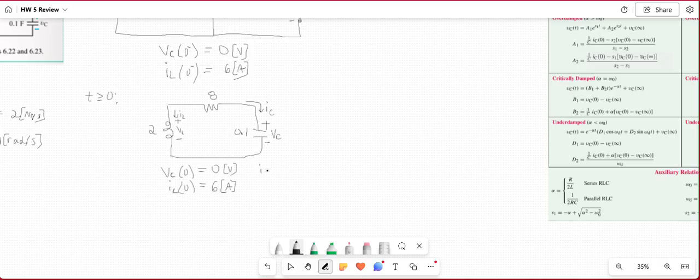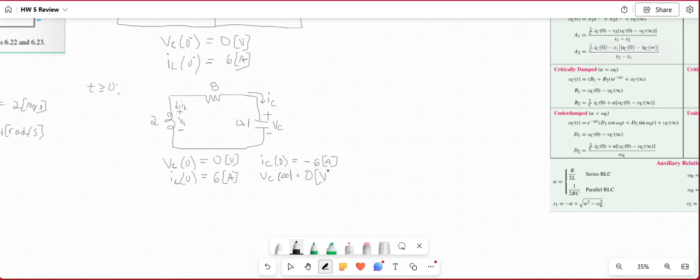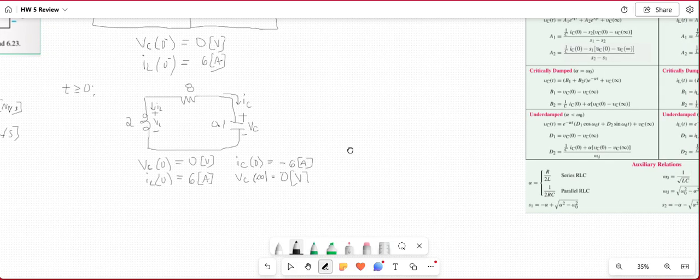Let's find IC of 0. You'll notice that the current IL of 0 is going in the opposite direction of IC of 0, so IC of 0 is just the opposite of IL of 0. It's going to be negative 6 amps. And we need VC of infinity. It's going to discharge down to 0 volts. It wasn't going to have any voltage originally, so it doesn't really matter. 0 volts. Okay, so that's all of the things that we need.